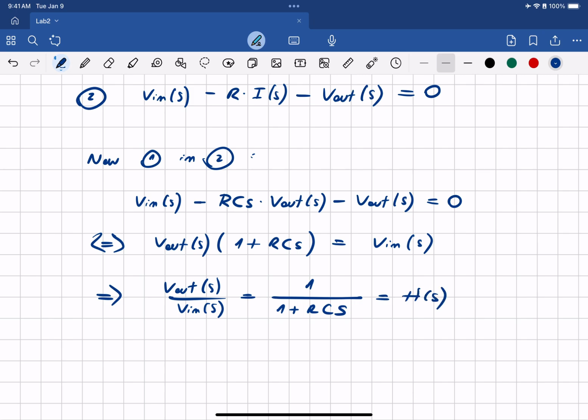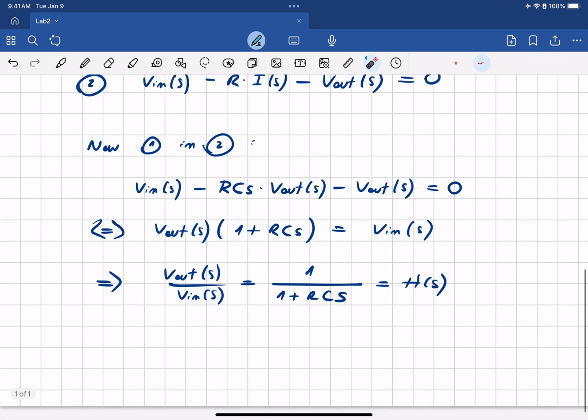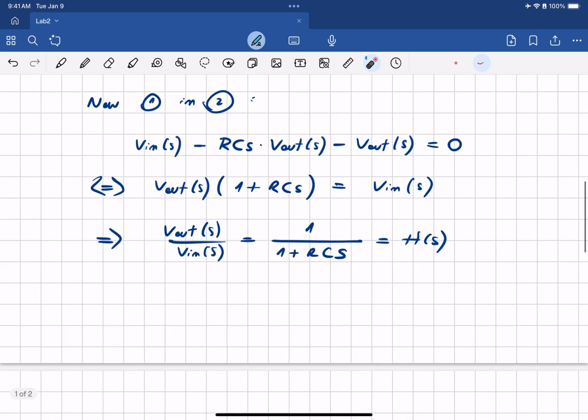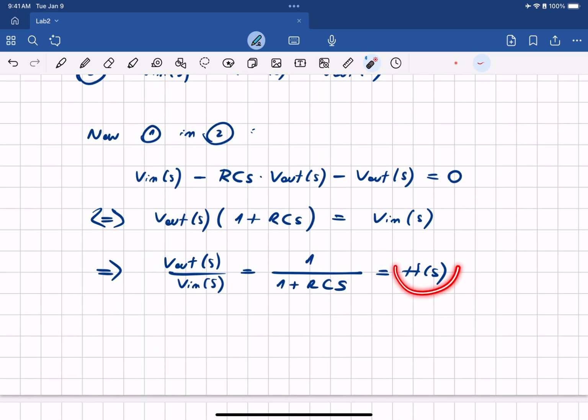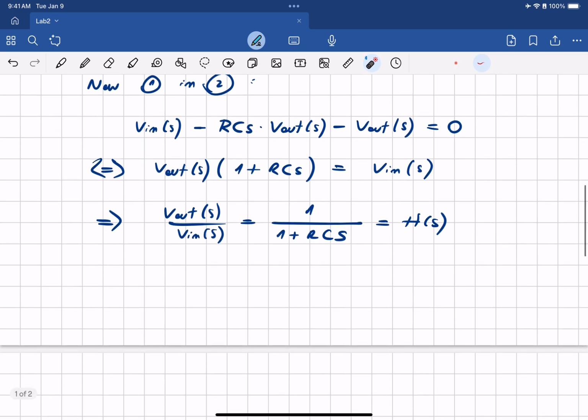The transfer function. So what is this transfer function? What is the main purpose of defining this? It's essentially a way to multiply an input to give an output.